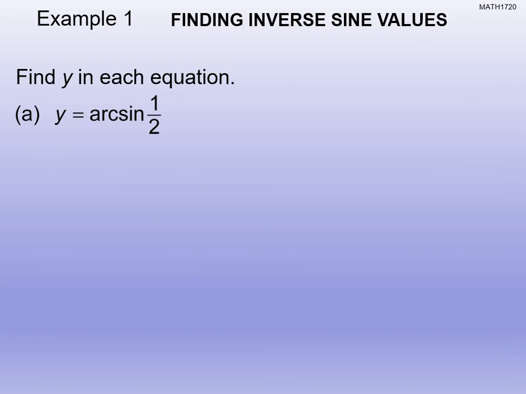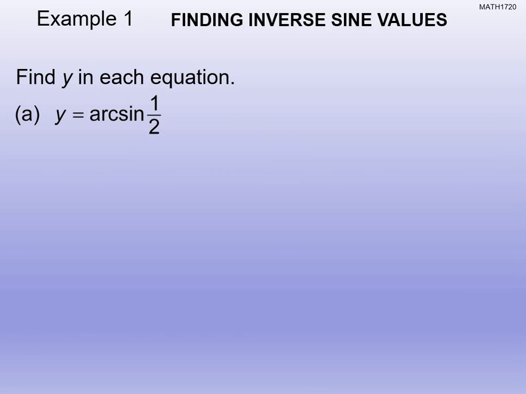Okay, so let's look at this. We want to find y in each equation. So we're going to run through a few examples here. First one is y equals arc sine of 1/2. I could also write that as y equals sine inverse of 1/2. That should give me what angle is associated with a sine ratio of 1/2.